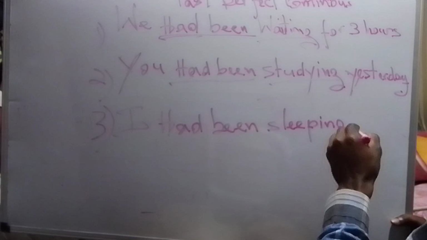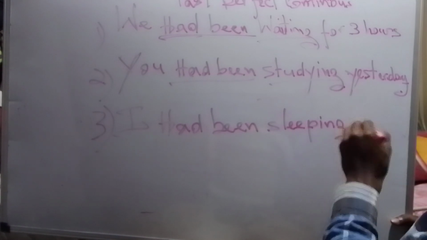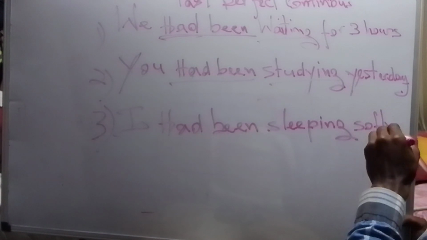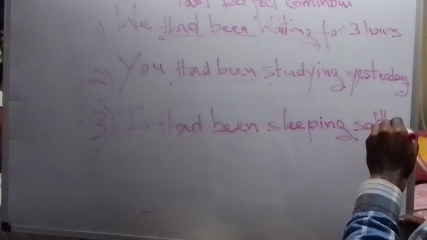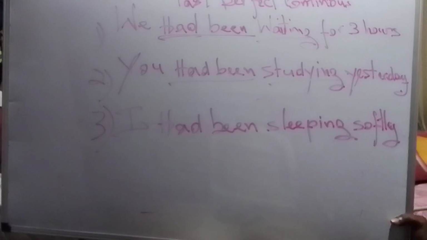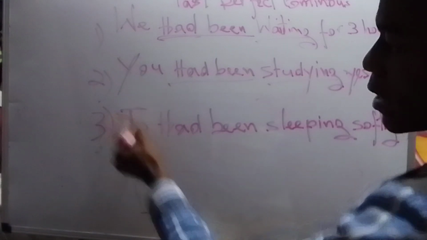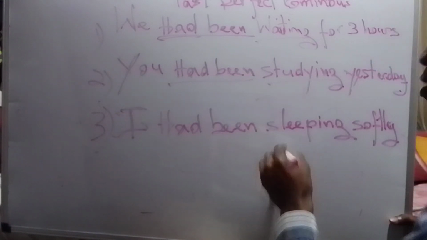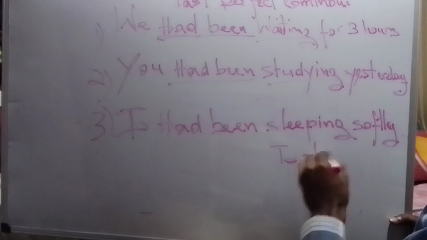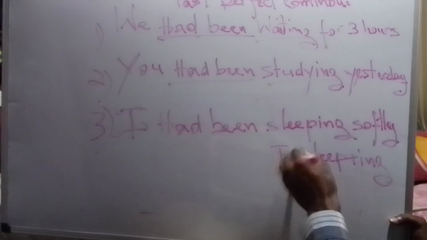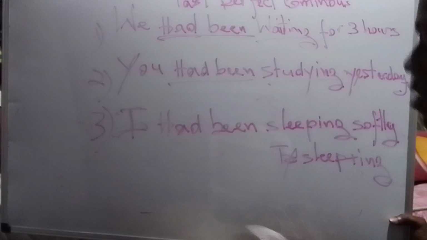I had been sleeping softly. I had been sleeping softly. Sleeping is the verb to sleep plus ing form. Let's see some examples right now for the present perfect continuous.